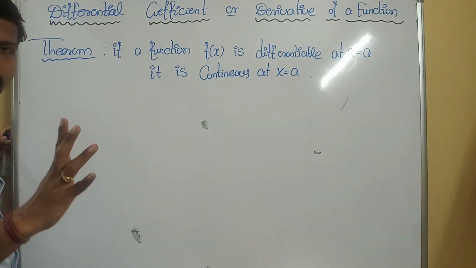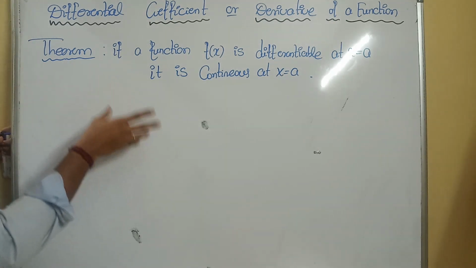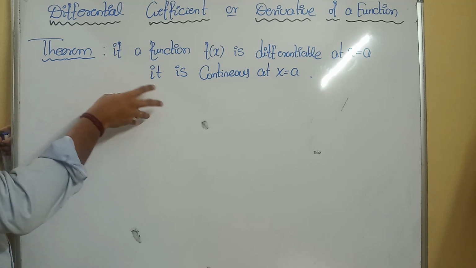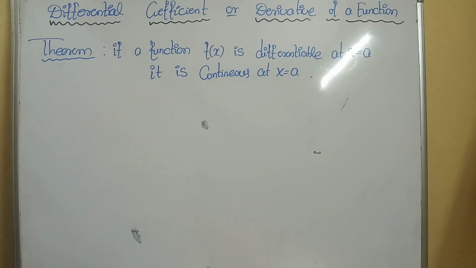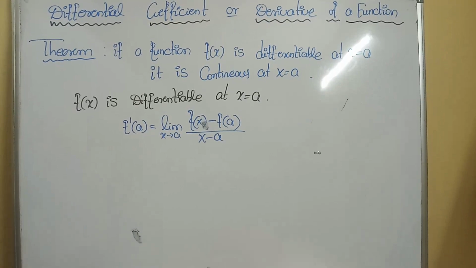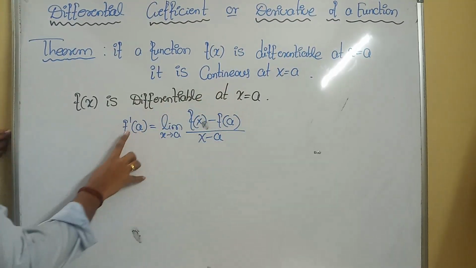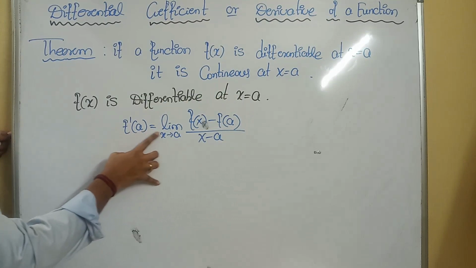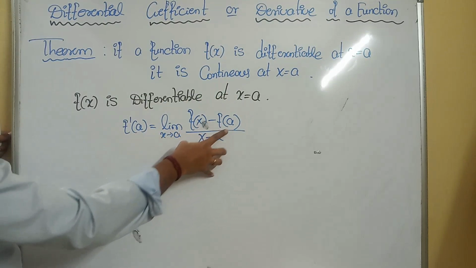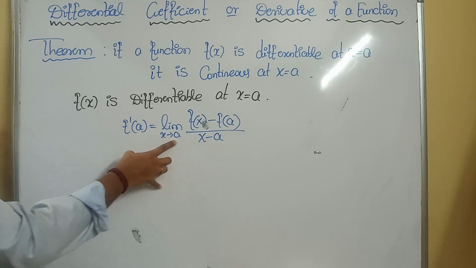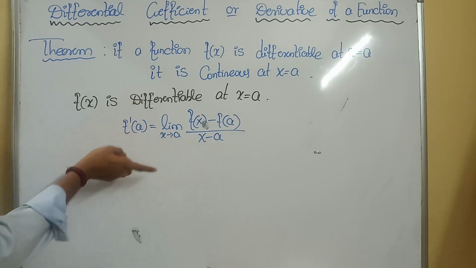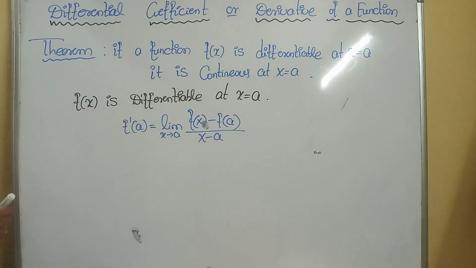Getting my point clearly? I'd like to define now what is a differentiable function or a derivative of a function. f of x is differentiable at x equal to a, that is f dash of a is equal to the limit of f of x minus f of a divided by x minus a as x tending to a. It is nothing but the derivative of a function at x is equal to a.